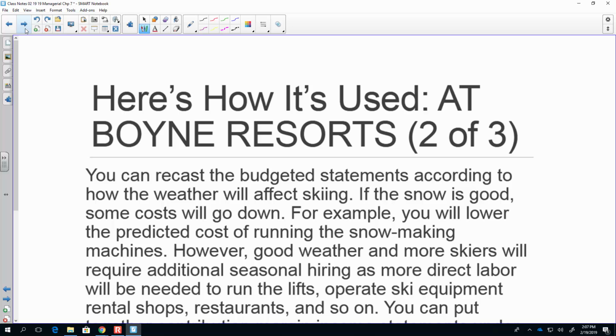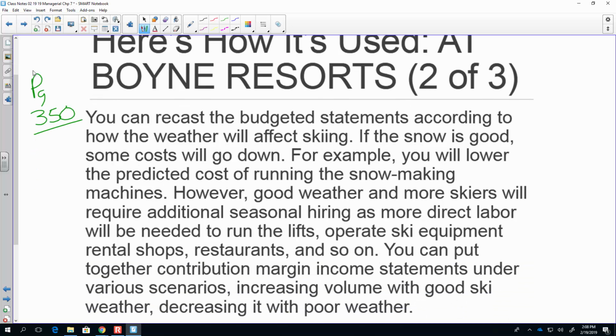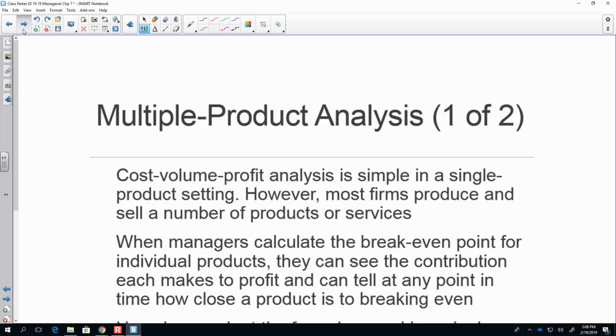But anyway, if you get a chance, take a look at Boeing and their analysis there regarding weather. And that's on page 350 of your textbook. A lot of you will be managers. You may not be accountants, but you will be managers in some type of capacity. So this budgeting process is going to be paramount in your success. So hopefully that will give you some insight into that.